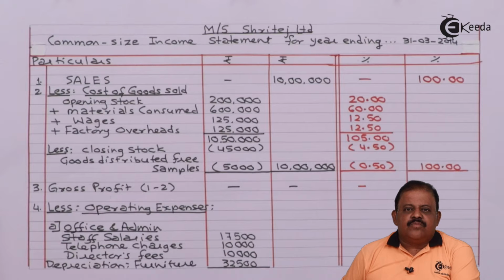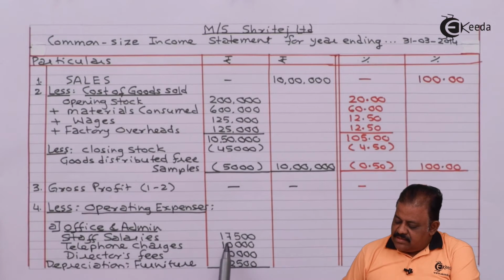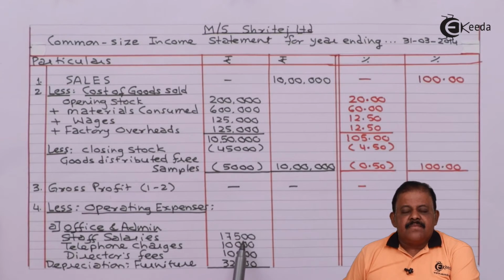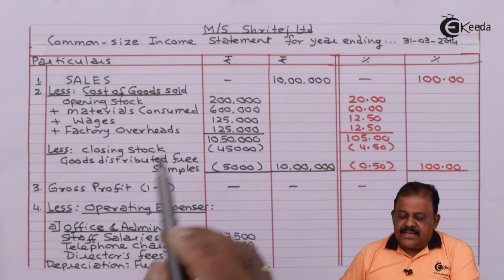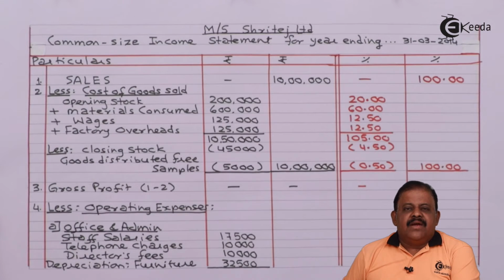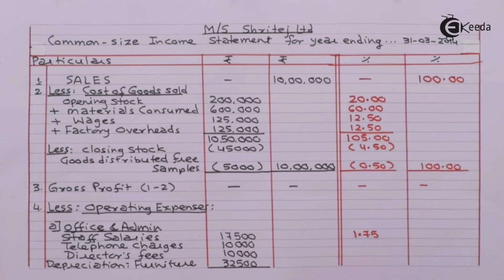Gross profit is 0. Staff salaries 17,500 divided by 10 lakhs multiplied by 100. 1.75%. Similarly, we can calculate for other items.